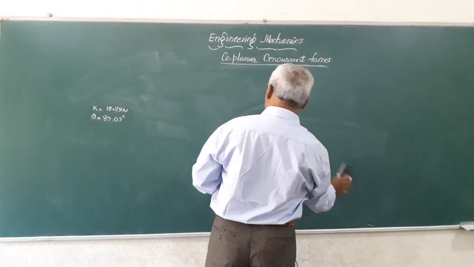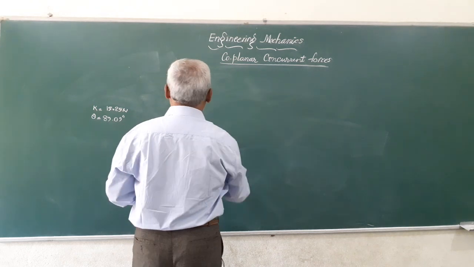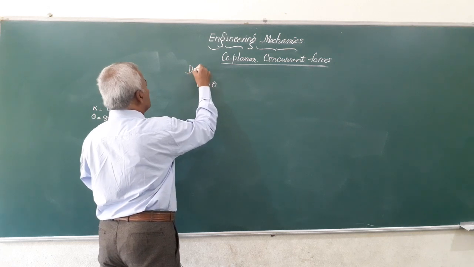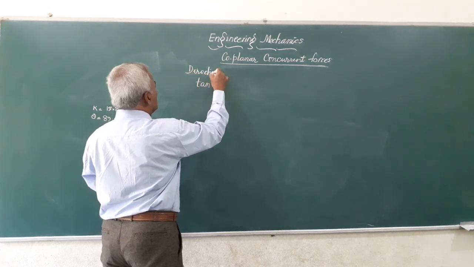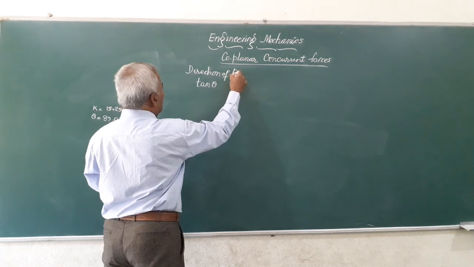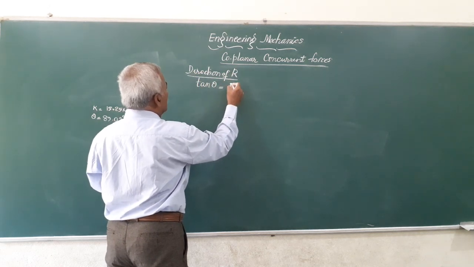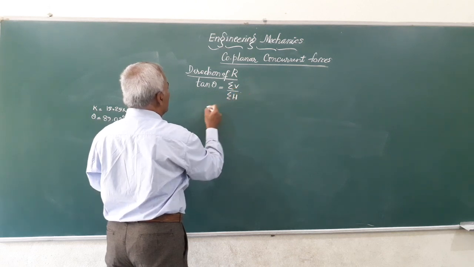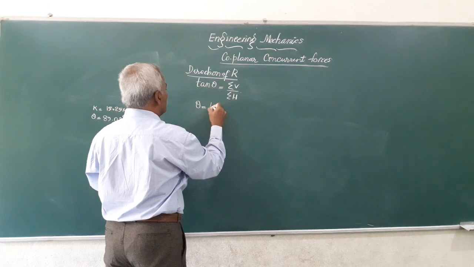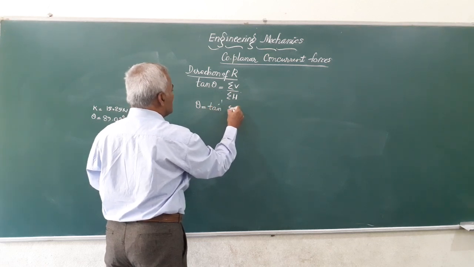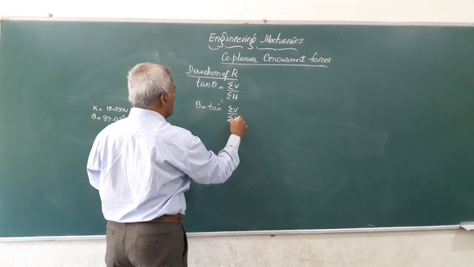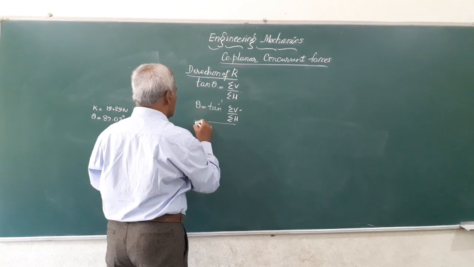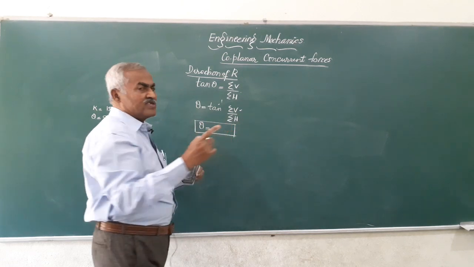So, the direction of the resultant force R is given by tan theta is sigma V divided by sigma H. We know both the values and the theta value is tan inverse of sigma V divided by sigma H. You know both the values, get theta. So, theta will give you the angle of inclination of the resultant force.